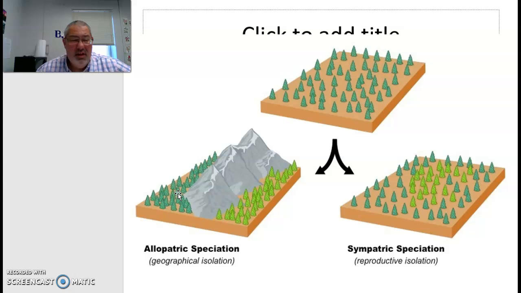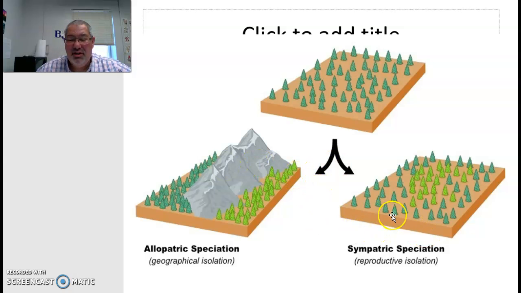This can be supported today with the use of DNA analysis, electrophoresis, polymerase chain reaction, and doing base pair sequences, just like we talked about in Chapter 6.